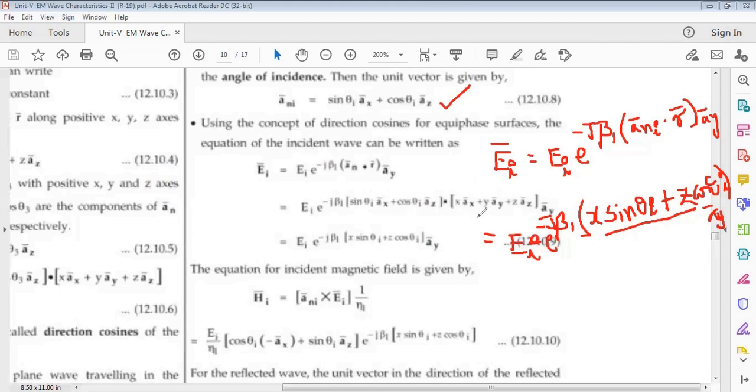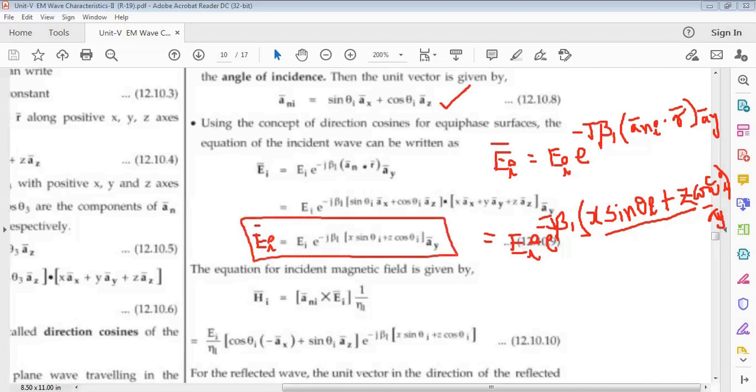After applying the dot product of these two functions, we get x sine theta i plus z cos theta i. Okay, we got the E_i bar is equal to.